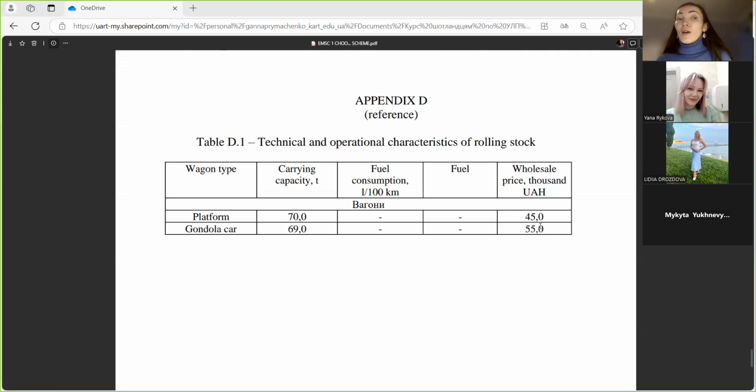For example, if you have platform, you need 45,000 hryvnias. Be careful because in the formula we use hryvnias. So you write 4,500 multiplied by the next parameters, or 55,000 hryvnias for gondola car.